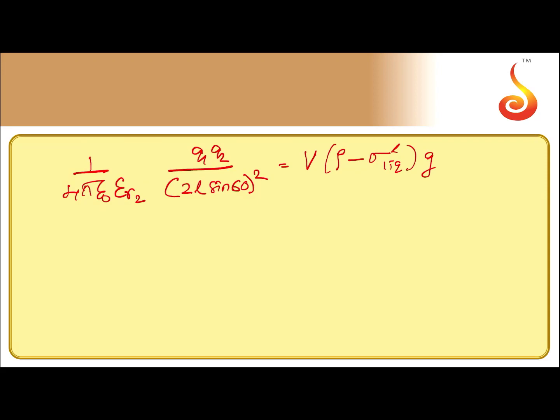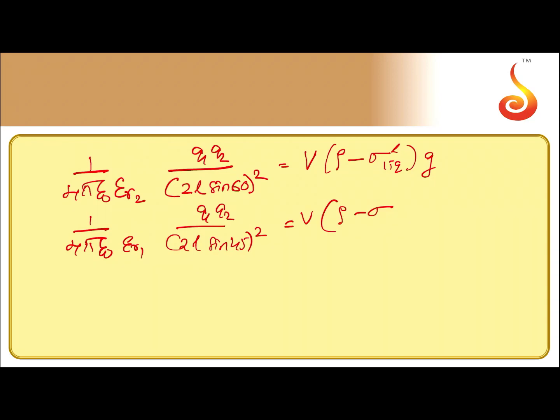This is a different liquid. So I have two equations. If I divide one by the other, notice I am writing that equation one more time: q1 q2 divided by (2L sin 45) whole squared is equal to V into rho minus sigma of liquid into g. This is my equation 2, this is my equation 1.